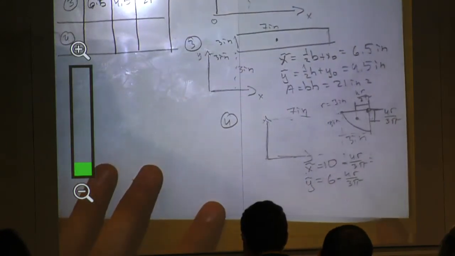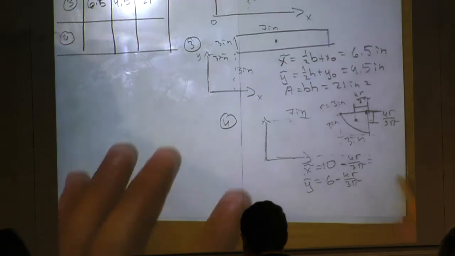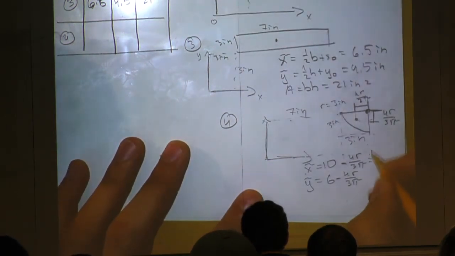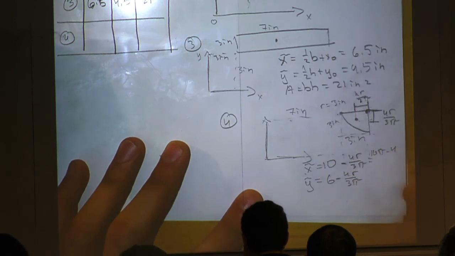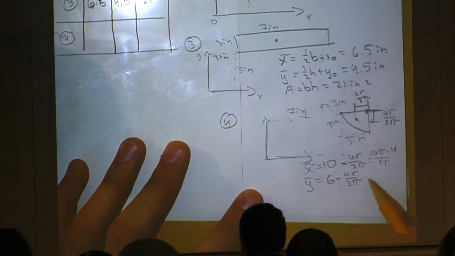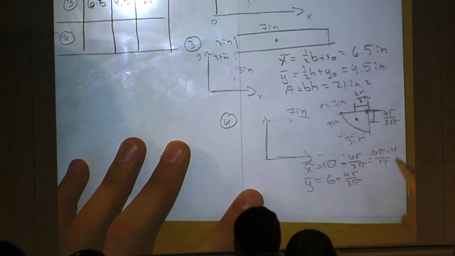I'm going to keep this value as simplified as possible, so I don't really have to work with it too much. It's 10 pi minus 4 over pi, because you divide by 3 pi. I did this before.